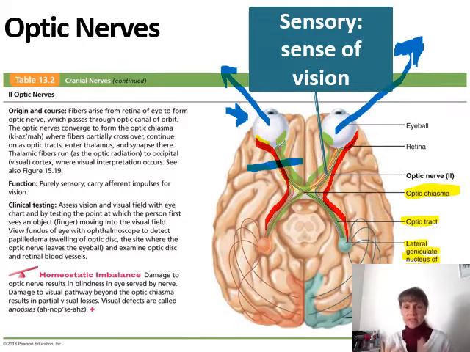So there are different things that can happen when the optic nerves are affected. If a person has glaucoma, where pressure builds up from the fluid just inside the eyeball, that can also press on the optic nerve. That's a condition known as glaucoma, and that can also cause blindness.